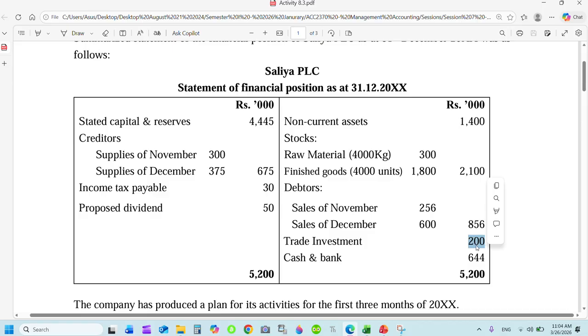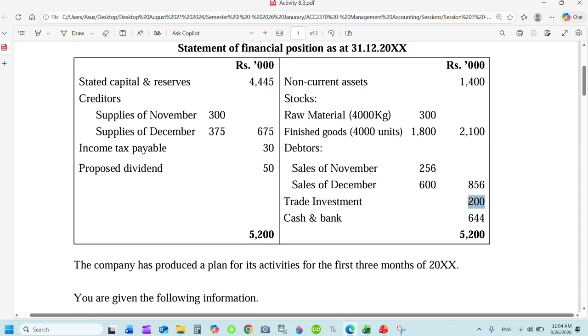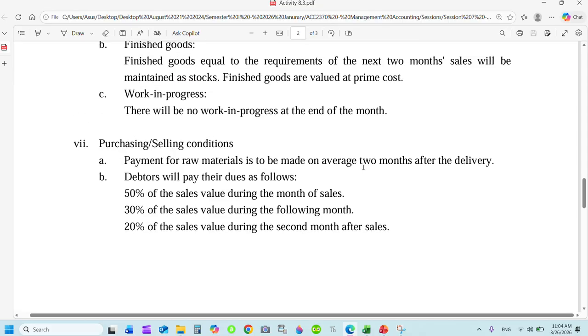This trade investment is sold, disposed of during January for 250,000. That 250,000 will come under the cash budget as a cash receipt. At the same time, there will be a profit from disposal of this investment, which will come to the P&L as well. So these are the basic information relevant for this question, right?